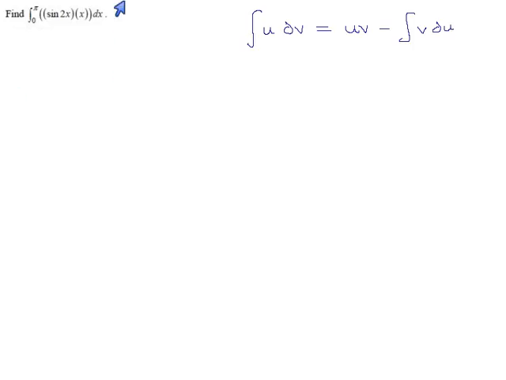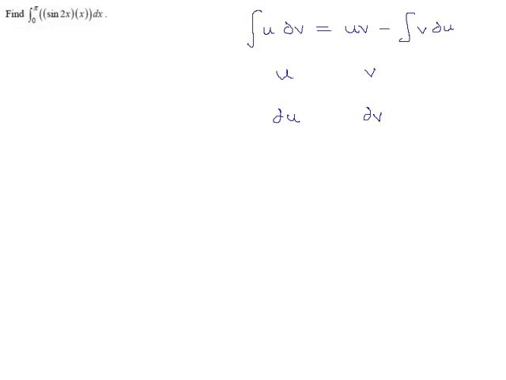So we've seen before, we want to pick a u that gets easier when it's differentiated, and we want to pick a v that doesn't get too much worse when it's integrated. So in this case, we've got sine 2x, x, and the obligatory dx, and we're going to be finding values for u, for du, for v, and for dv.